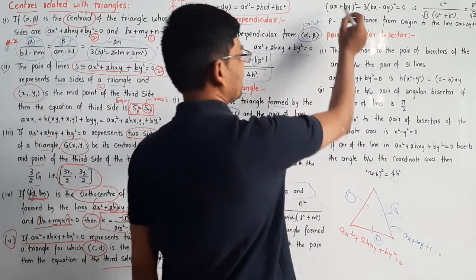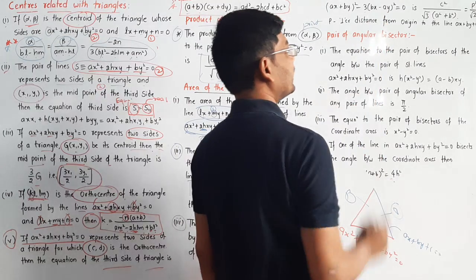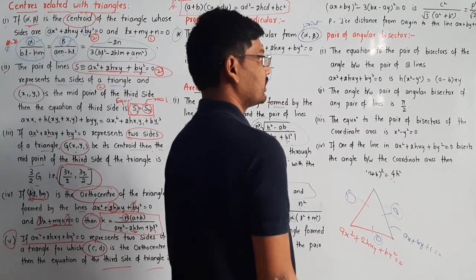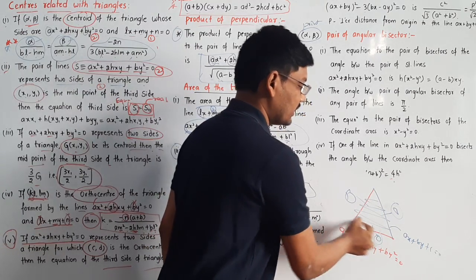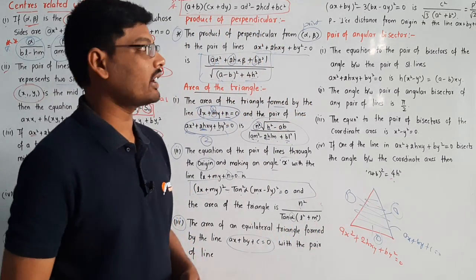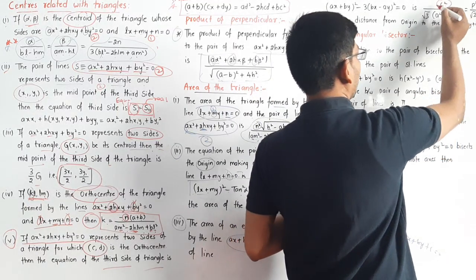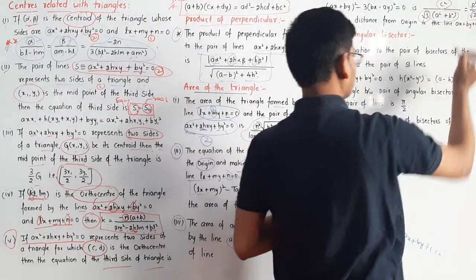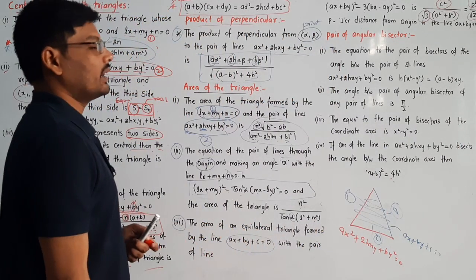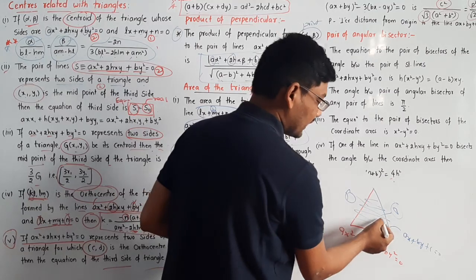Then the condition for this one is (ax plus by) whole square minus 3 into (bx minus ay) whole square is equal to 0. If you want to find the area, the condition is c square by root 3 into (a square plus b square), which is equal to p square by root 3, where p is the perpendicular distance from the origin to the third side.